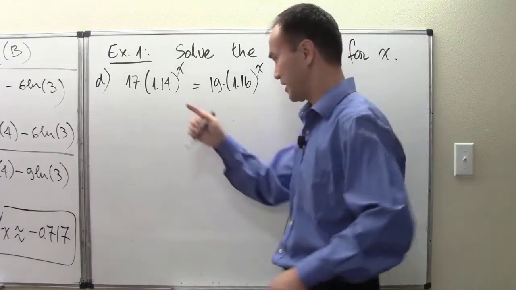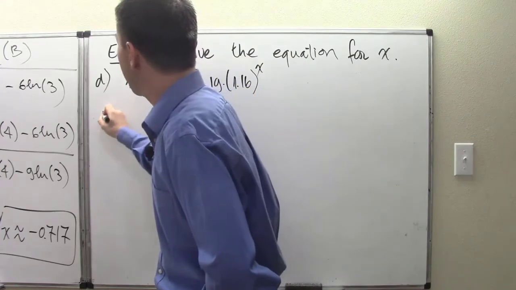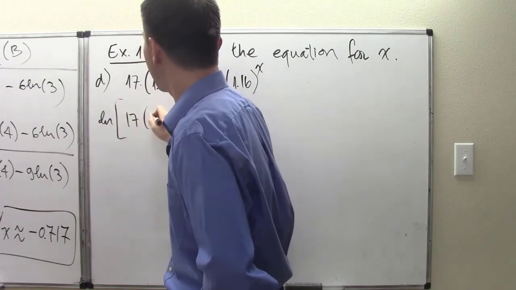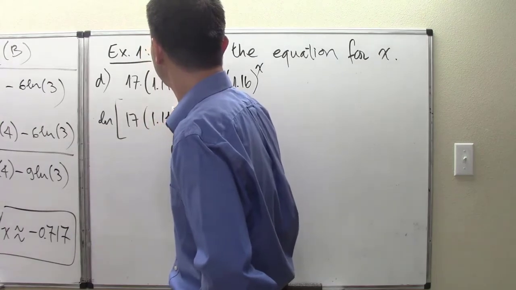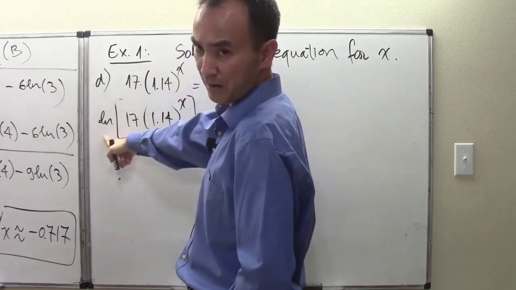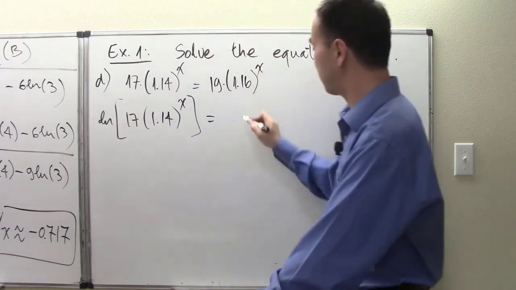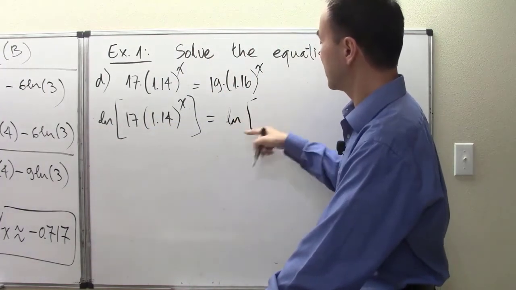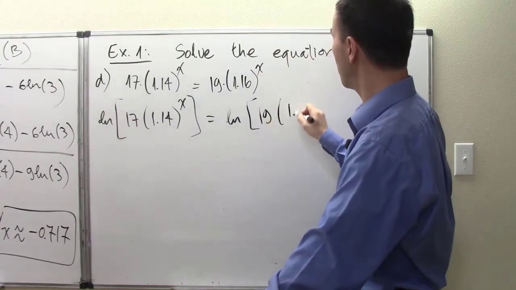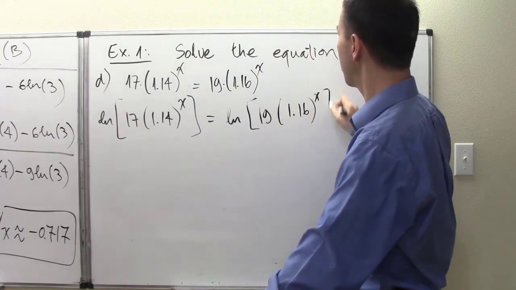So here I'm using natural log. Natural log of 17 in product with 1.14 to the x. And so if I apply the natural log on the left hand side, I'm going to apply the same log on the right hand side, that's the point, of 19 times 1.16 to the x.